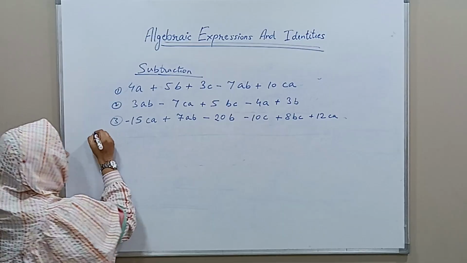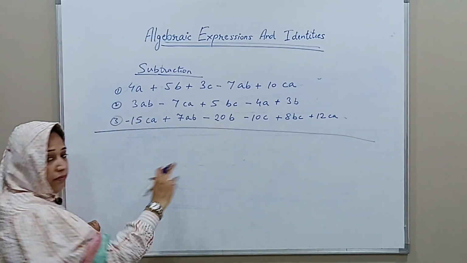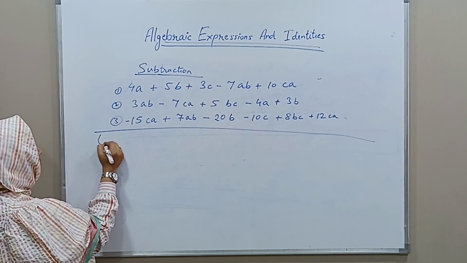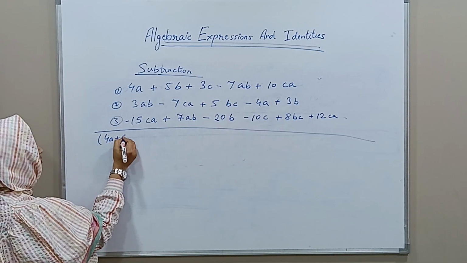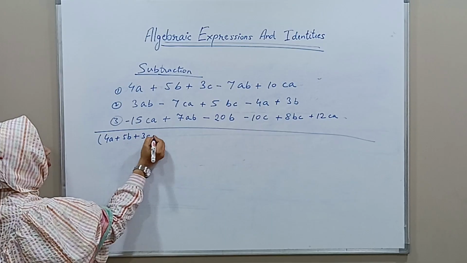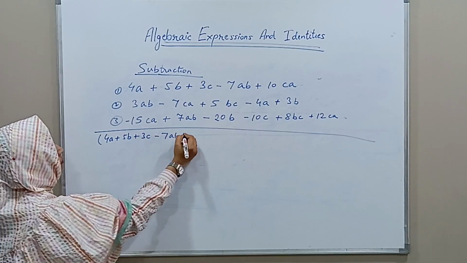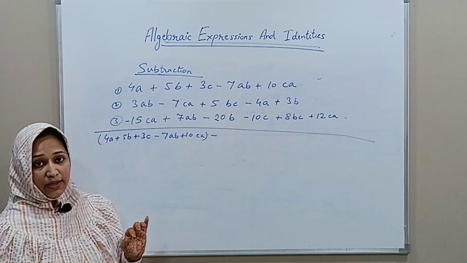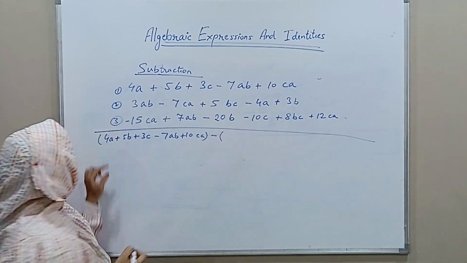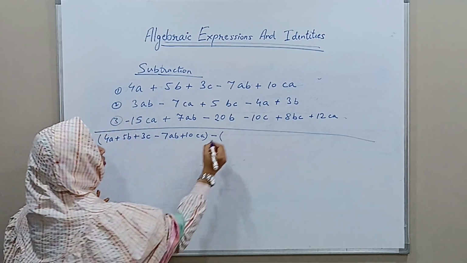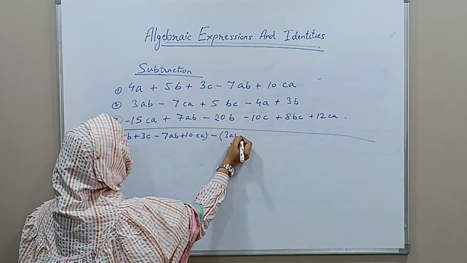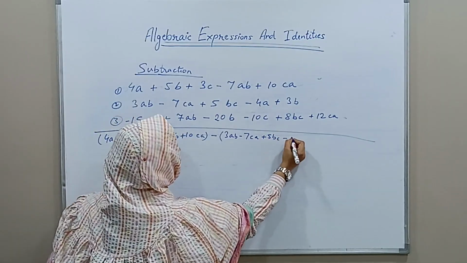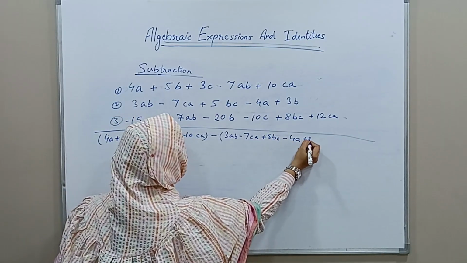Subtracting them, let us write them together. Starting with the first expression in a bracket, 4a plus 5b plus 3c minus 7ab plus 10ca. Bracket close, then a minus sign, another bracket with the second expression. So 3ab minus 7ca plus 5bc minus 4a plus 3b.